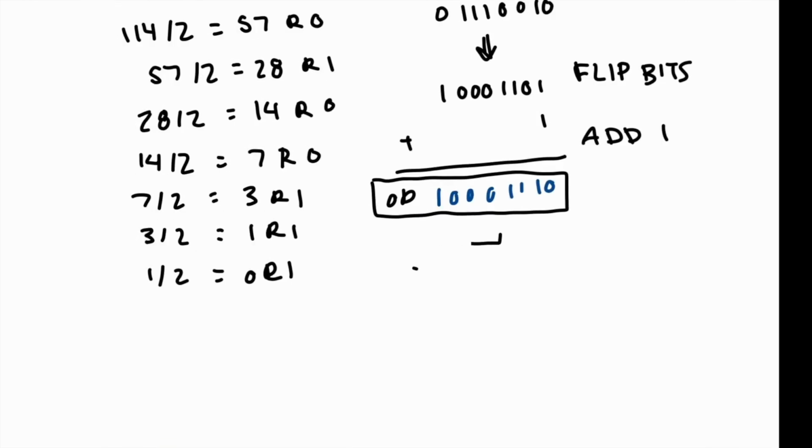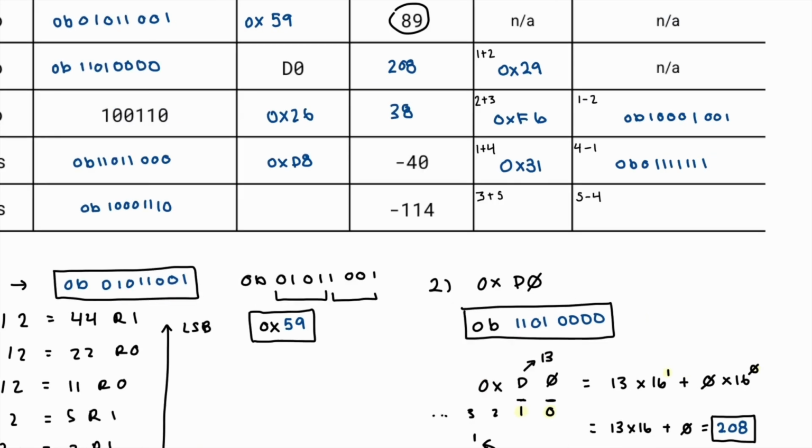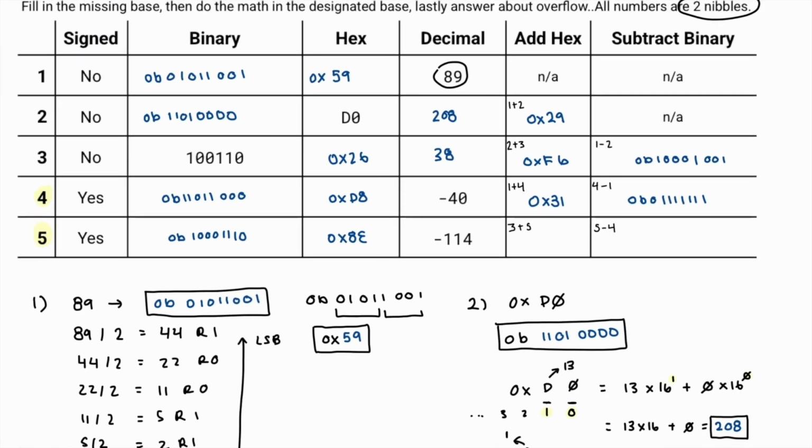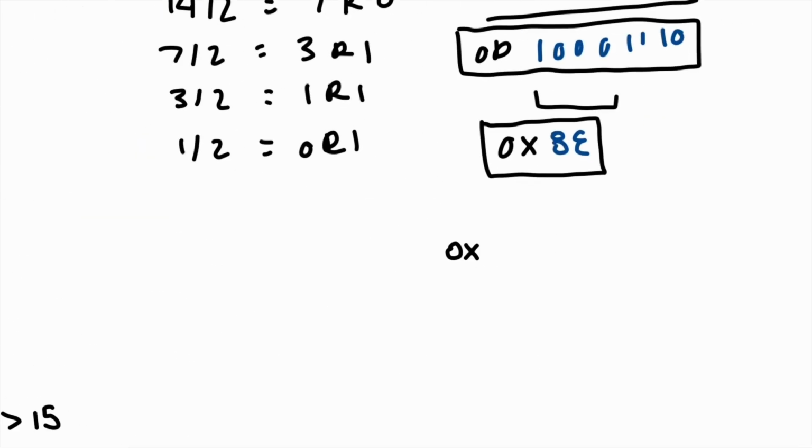Hexadecimal will become, the first 4 bits are an 8, and then the last 4 bits are an E, so 8E. Let's add the hex values of 3 and 5. 6 plus E is equal to 6 plus 14, which is 20.